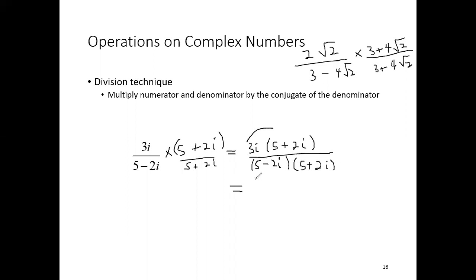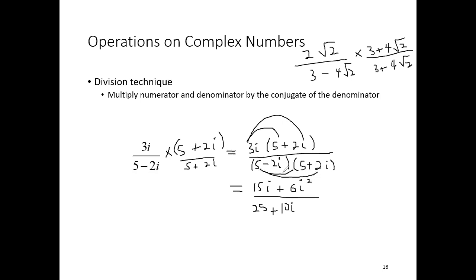3 times 5 will be 15i. Then 3 times 2 will be 6i raised to the power 2. Then divided by 5 times 5, which will be 25. Then 5 times 2i will be 10i, so plus 10i.